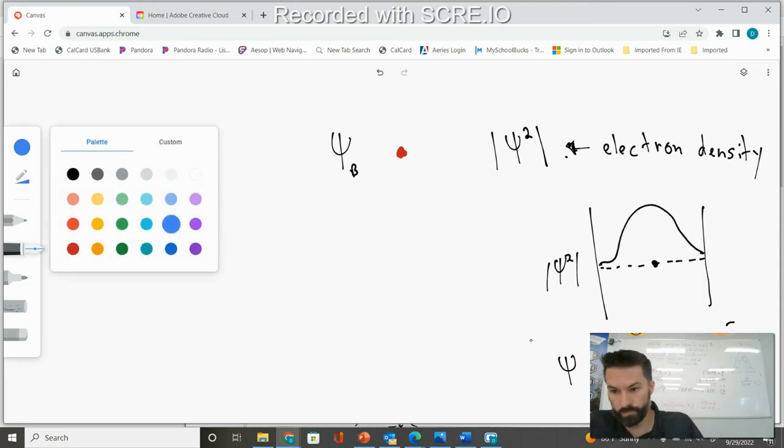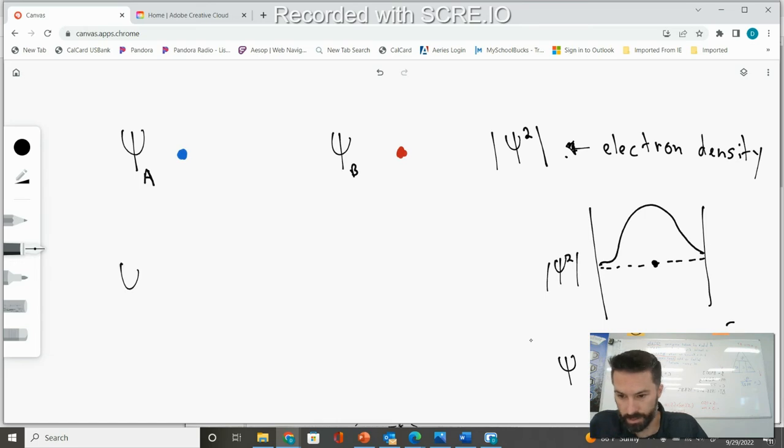So if we were to combine psi A and psi B, let's combine them. Well, we got a couple ways that we can combine them. We could combine the two positives together or the two negatives together. And we could also combine the positive of the A and the negative of the B. So what you're going to get is two different electron densities.